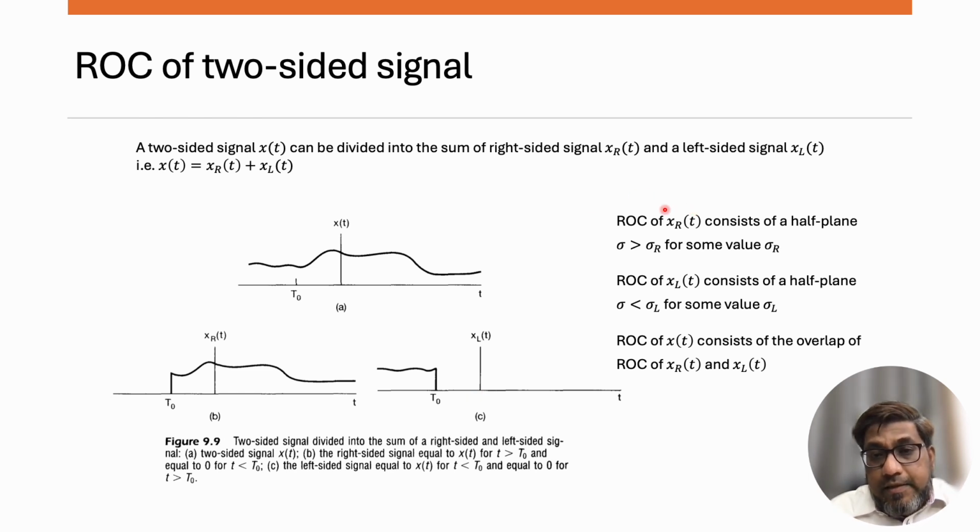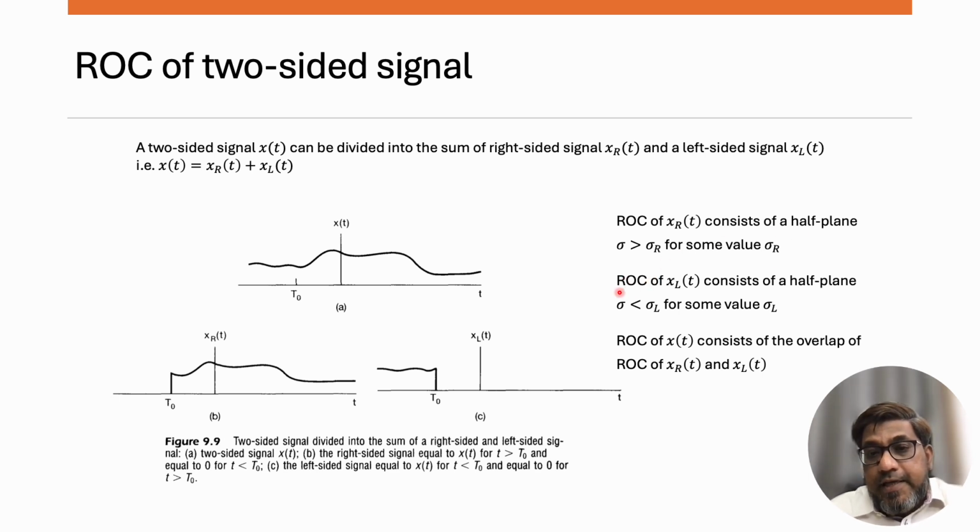So that means the component xr of t, which is the right-sided component of the signal x of t, consists of the region of convergence extending to the right of some sigma equals sigma r. That could be any value sigma r.